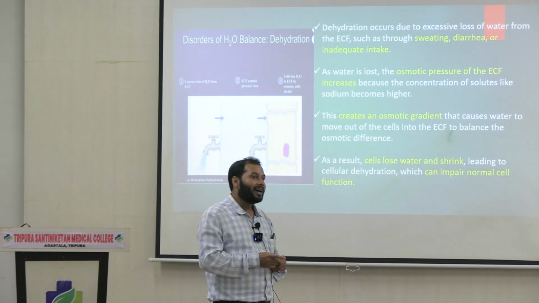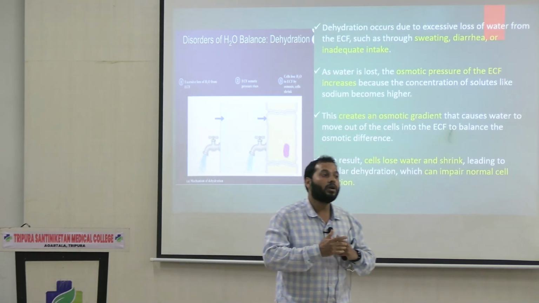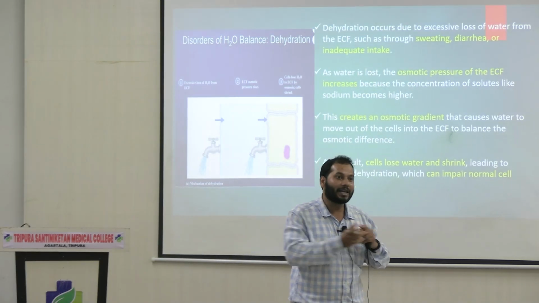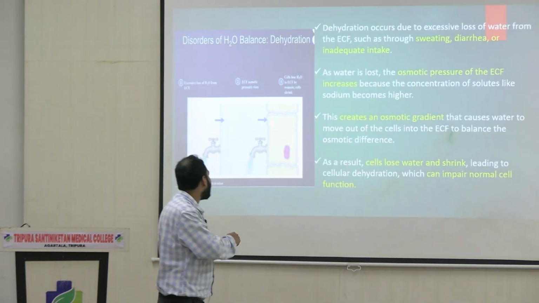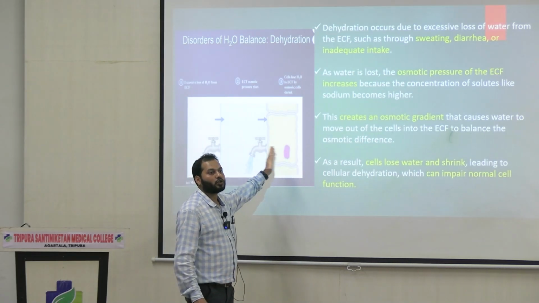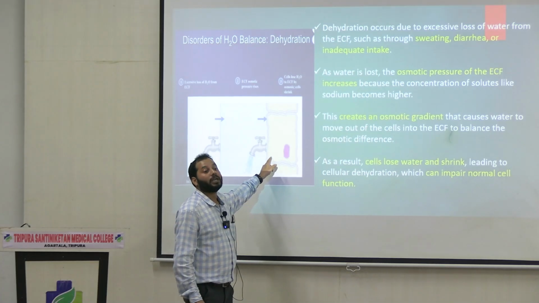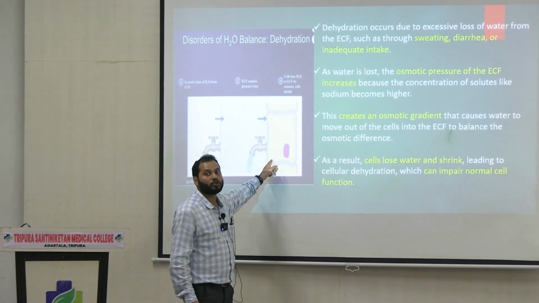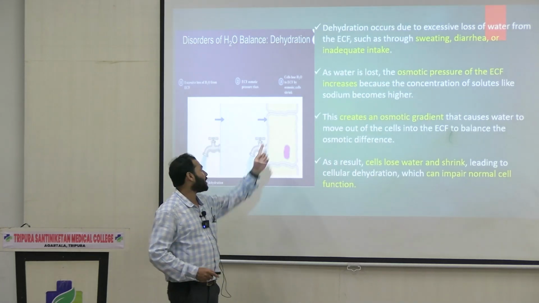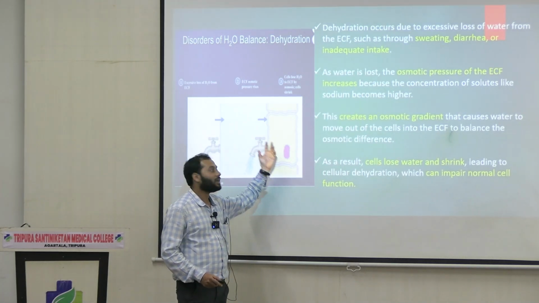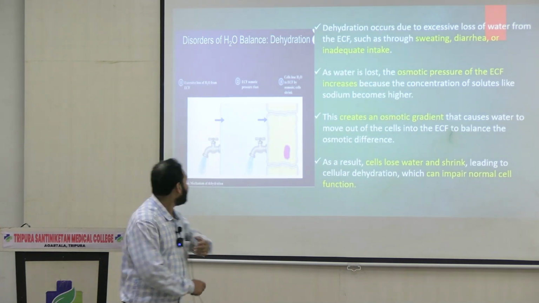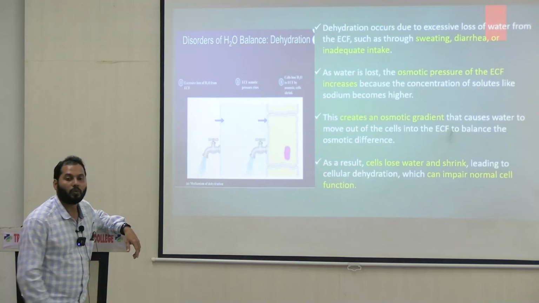Now, as the extracellular fluid is more concentrated, to maintain the balance between extracellular and intracellular fluid, water molecules will move from inside the cell to the extracellular fluid to maintain the concentration of a particular solute in that extracellular fluid, right? Due to the movement of water molecules from the cell to the extracellular space, there is a high chance of shrinkage of the cell, right? So this is the disorder of water balance.